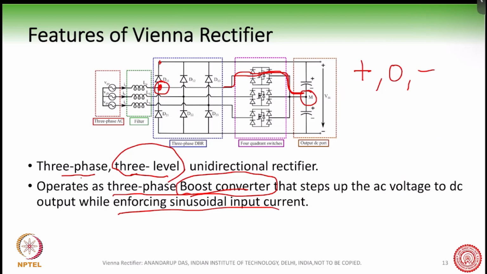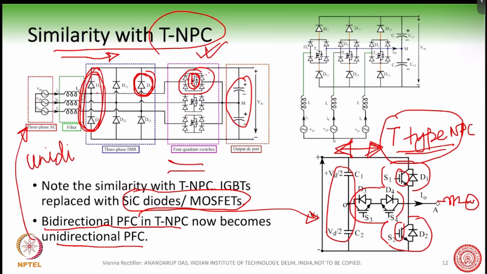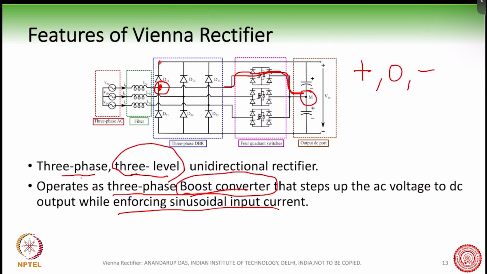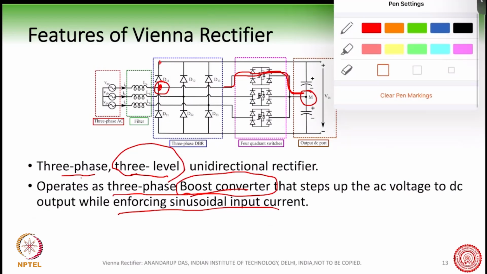This is very interesting. As I told you, we have seen this T-type NPC converter. When we discussed the T-type NPC, we were always looking from this side to this side. Let me draw it here. Let me clear this one.